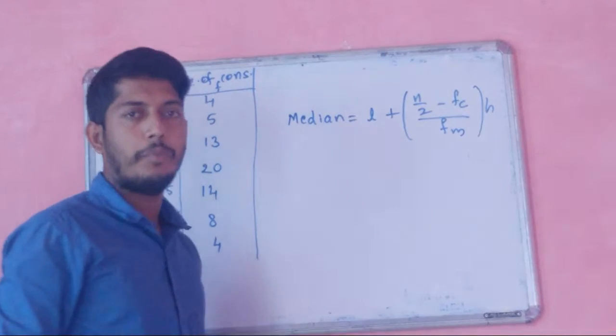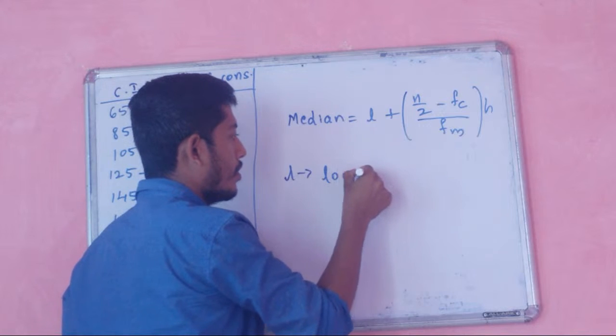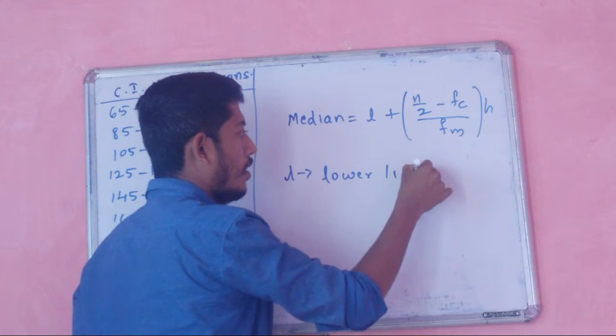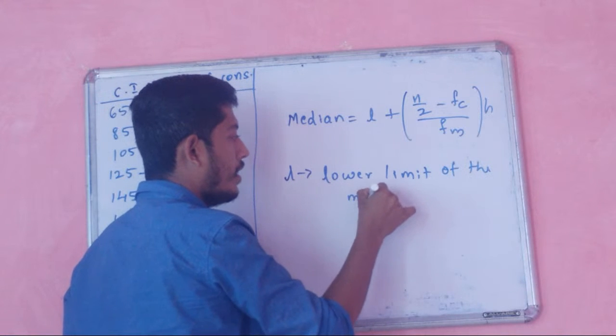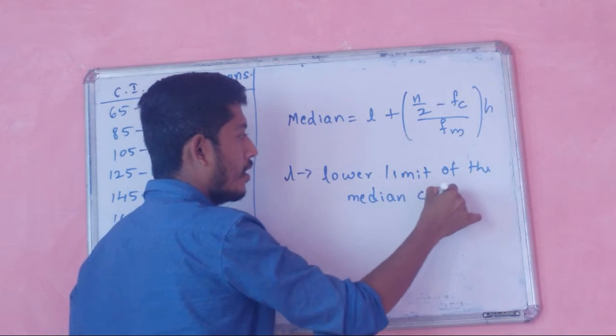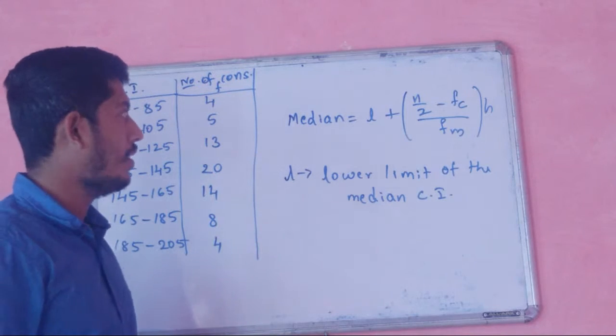Median means we are finding the median. L means the lower limit of the median class interval.